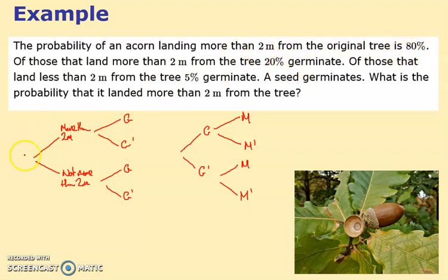This is 80%. So I think it's this one, 0.8 and 0.2, but I'll read on. Of those that land more than 2 meters, yes, 20% will germinate. So therefore that's 0.8. Those that land less than 5%, so this is 0.05 and 0.95.